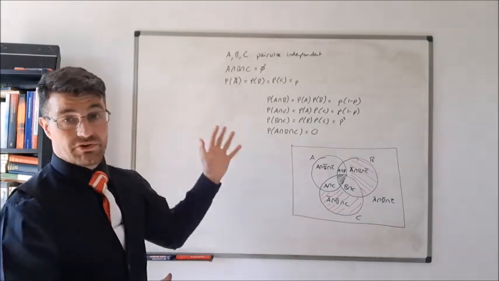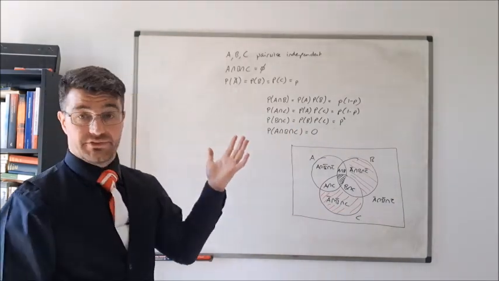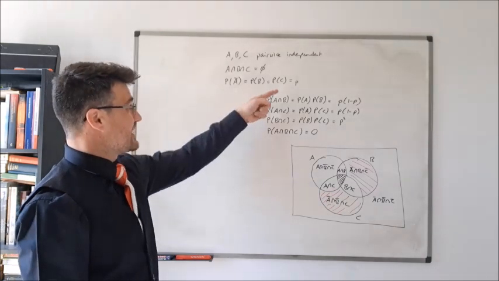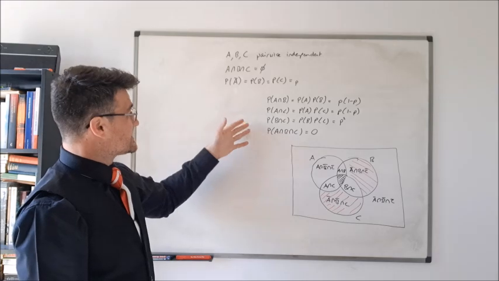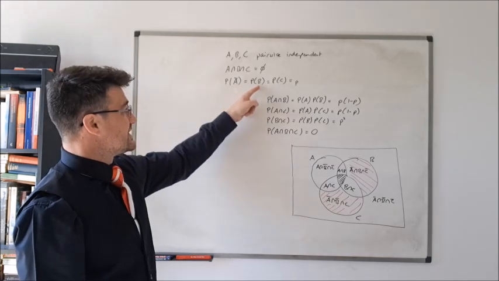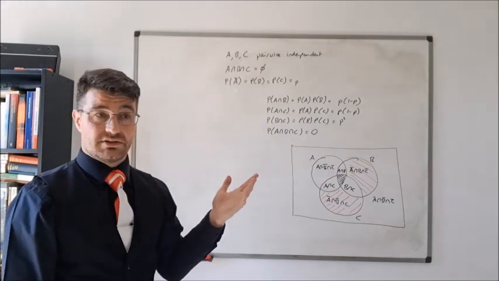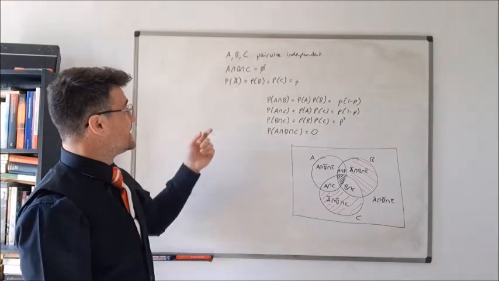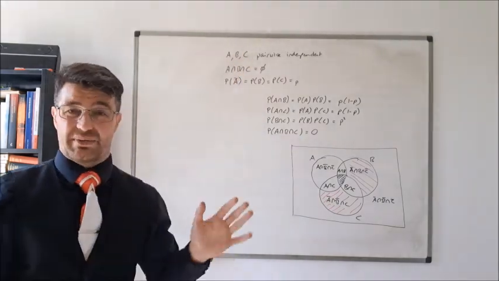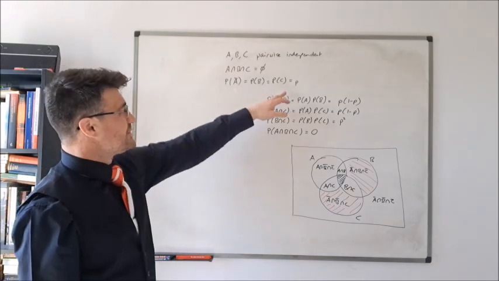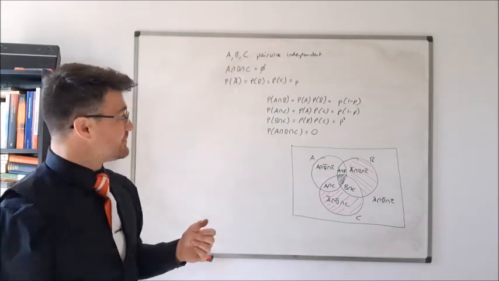We can't necessarily narrow things down any further than that, although we can probably imagine that P is not equal to 0, because that would suggest that the probabilities of B and C are going to be 0, which makes it difficult when it comes to independence and things like that. So probably P is going to be greater than 0.